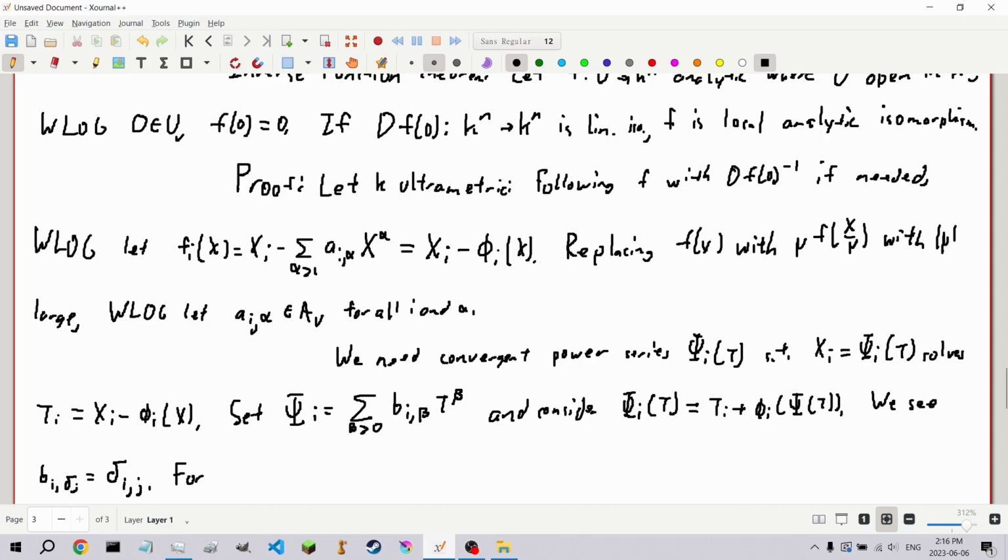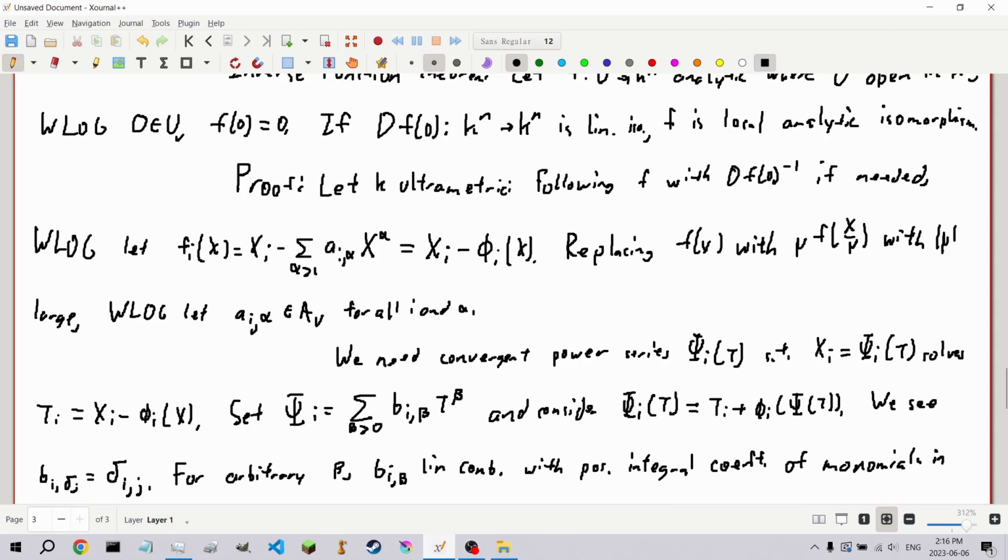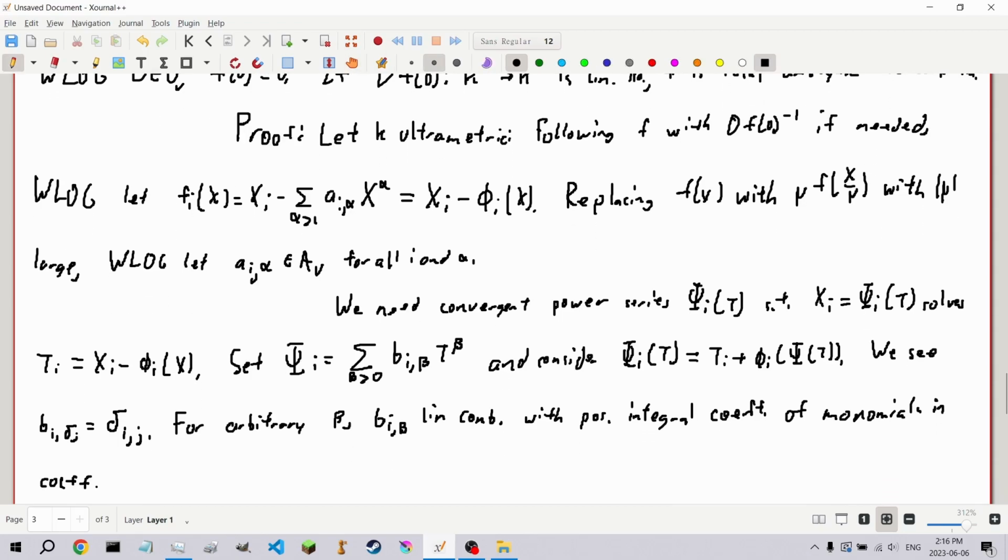Now for arbitrary beta, we see that b sub i comma beta is a linear combination with positive integral coefficients of monomials in the coefficients of psi and phi of degree strictly less than beta.